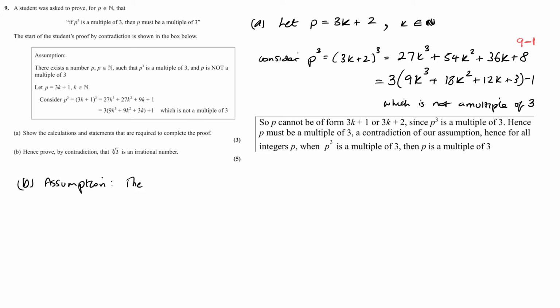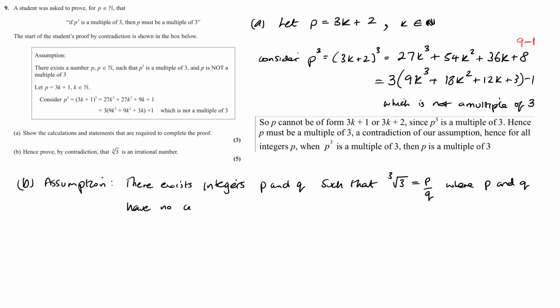So now we've got there exists integers P and Q such that the cube root of 3 equals P over Q, where P and Q have no common factors.